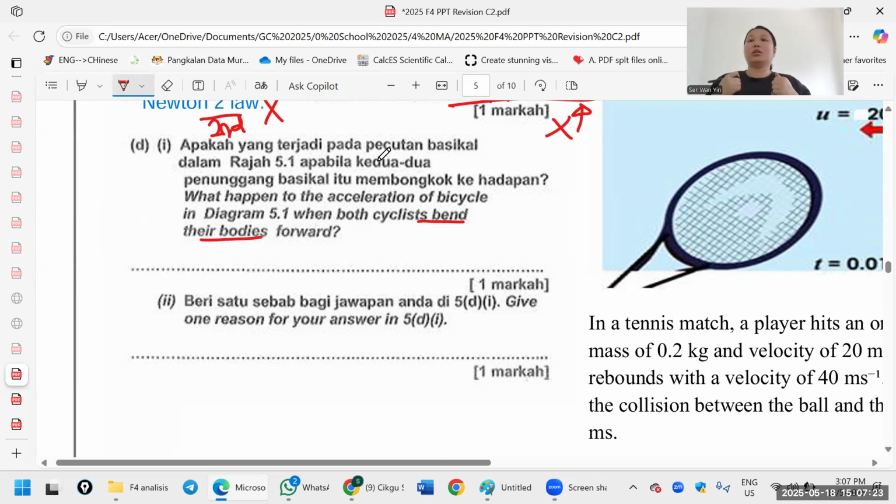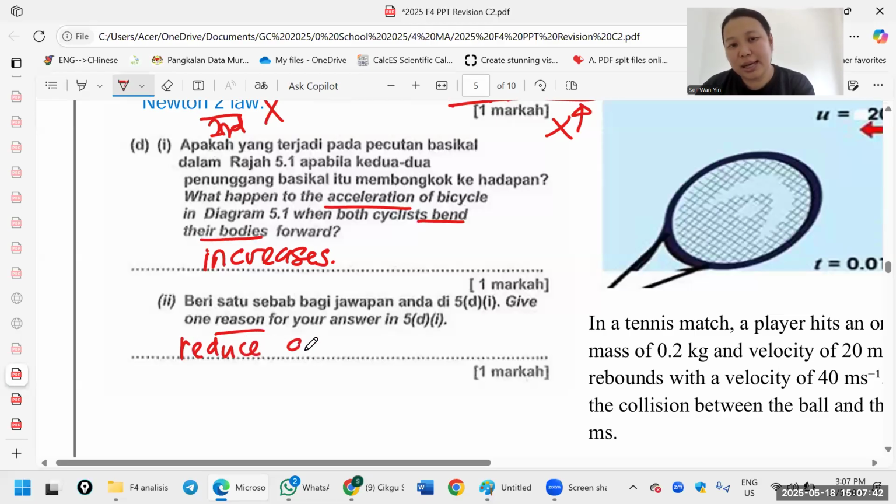Why don't you run with a straight body? The acceleration increases, because you reduce air resistance.